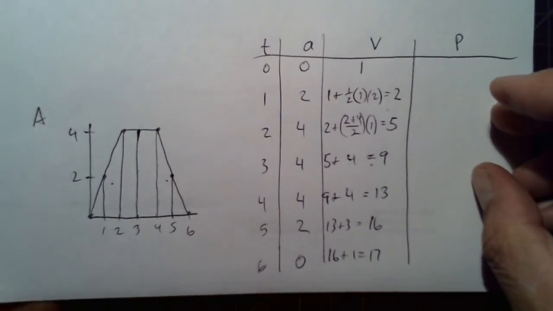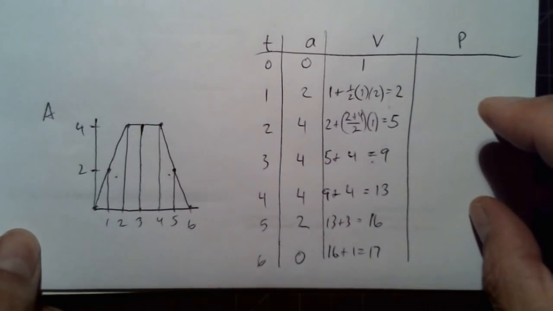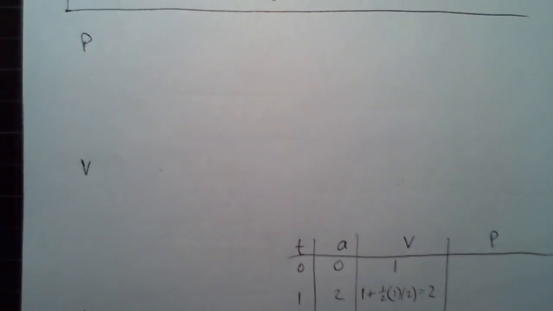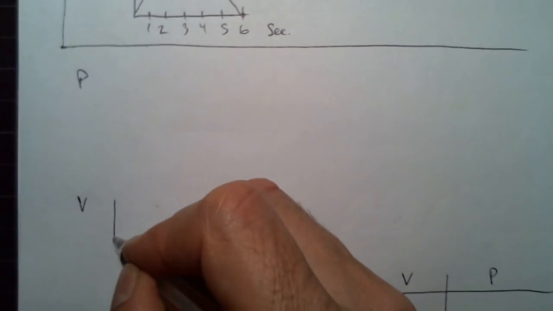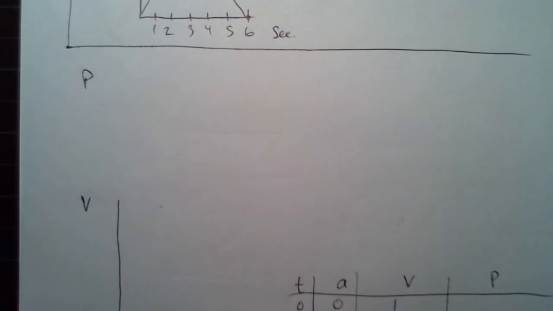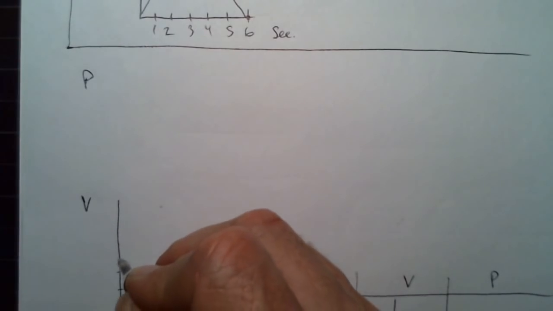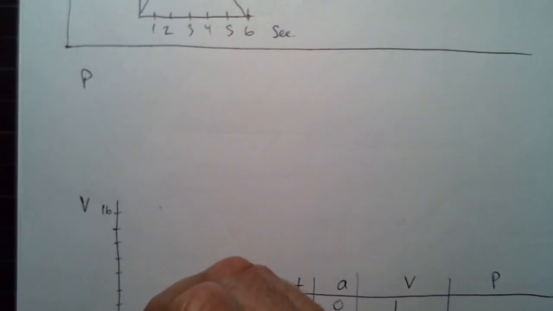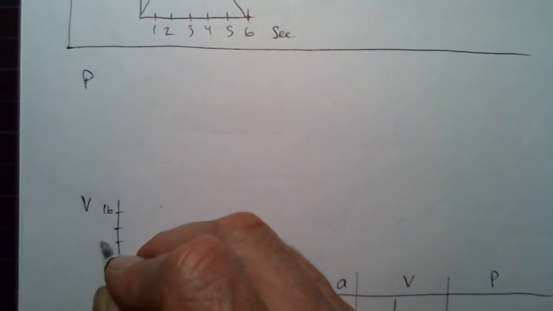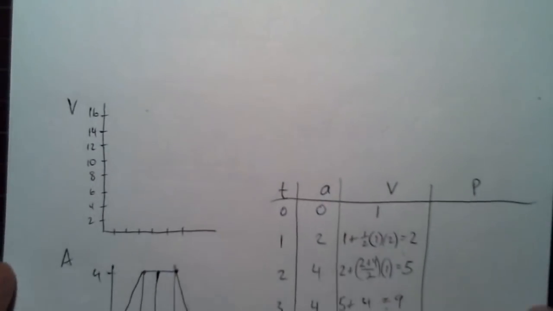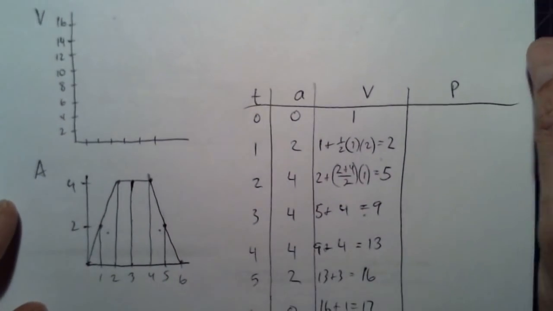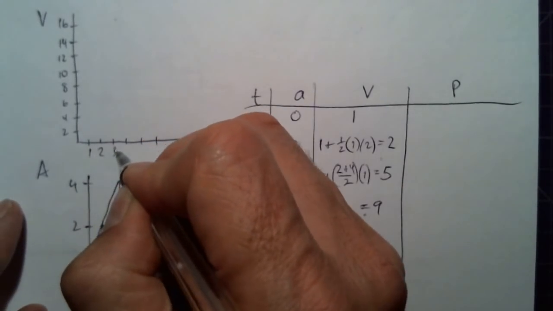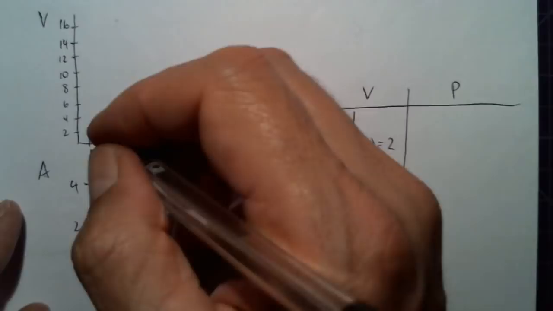Then we can draw the velocity graph. We'll find the area of the velocity graph, and that'll give us the position graph. 0, 1.